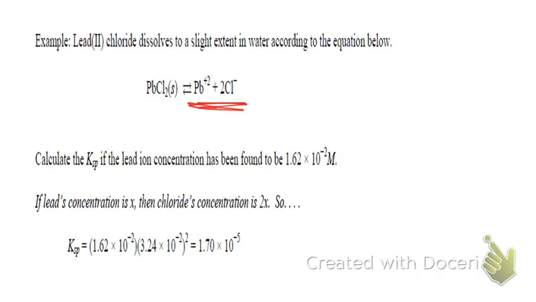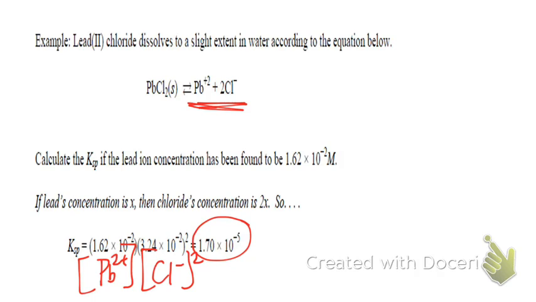So this is the lead 2+ in brackets, and then this is the chloride, and then it's squared, so then we can calculate that Ksp value. You have to remember to double it and square it, basically. That value would need to be 2x and then bracket squared. So don't forget about the stoichiometry.